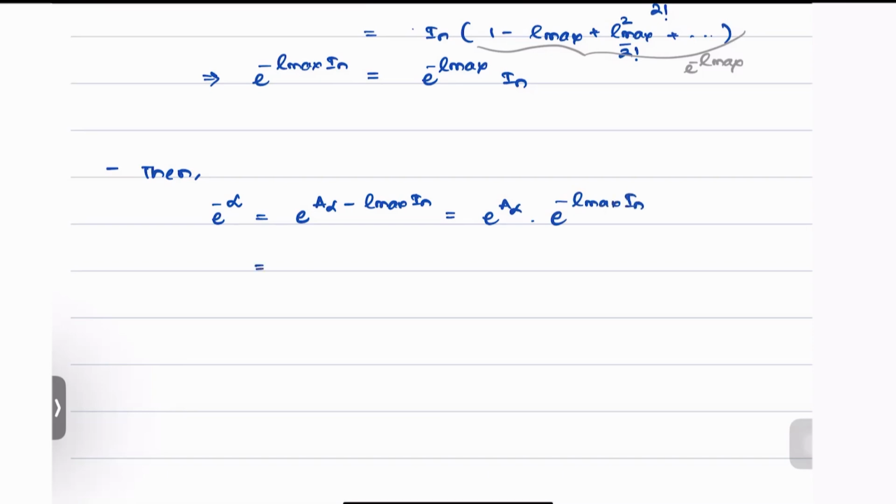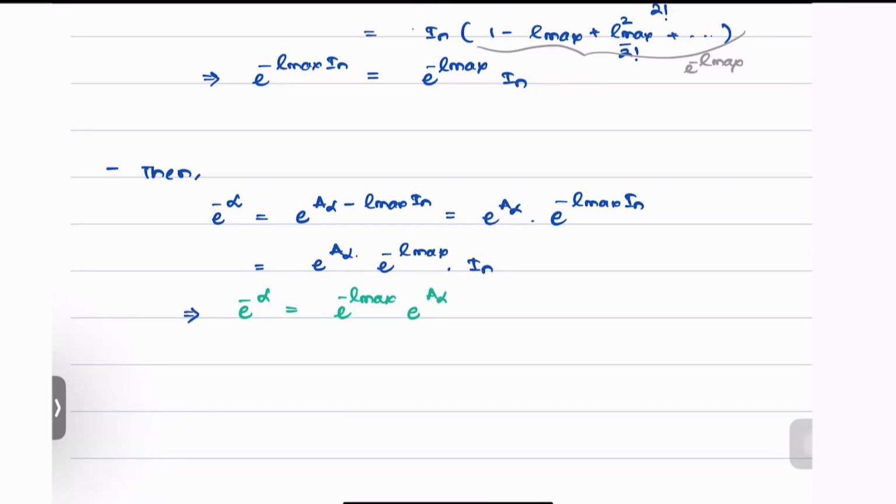This is equal to e raised to the power A alpha multiplied by e raised to the power minus L max, which is now a scalar, times In. Hence, we can ignore the In, it's just an identity matrix. Hence, e raised to the power minus L can be simplified to e to the power minus L max, which is nothing but a scalar, times e raised to the power A alpha.